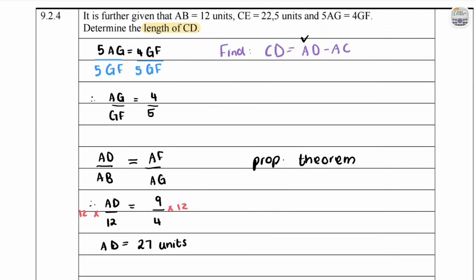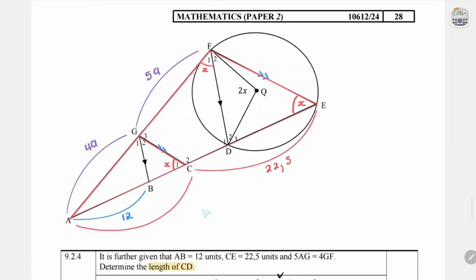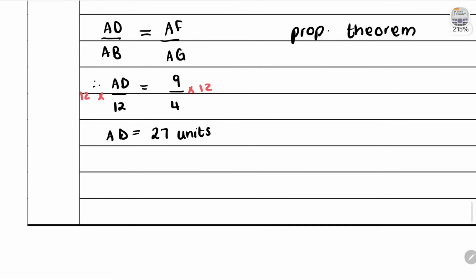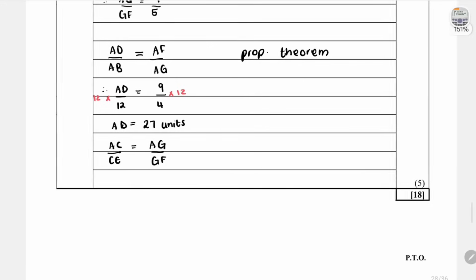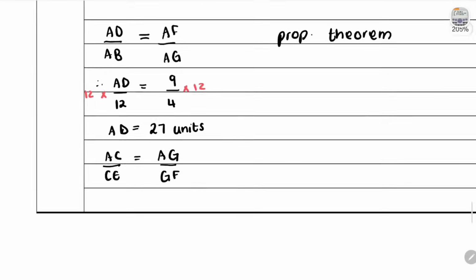Okay, so let's just highlight the triangle that AC is part of. Now, AC is part of this triangle, and there it is over here. So we can also find its length. Since we have one of the sides on this line, we have CE. So we can say AC over CE is equal to AG over GF. And this is because of the proportionality theorem, but you see that we've already proven this in the previous question.